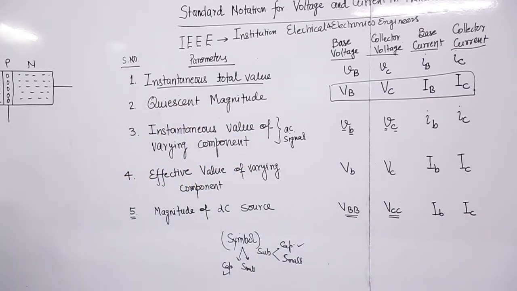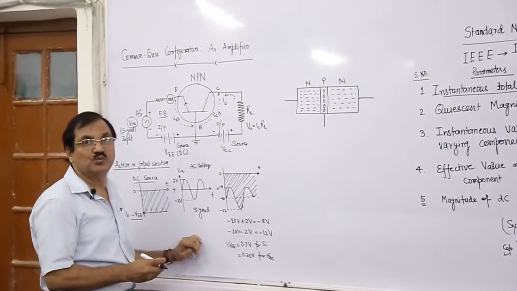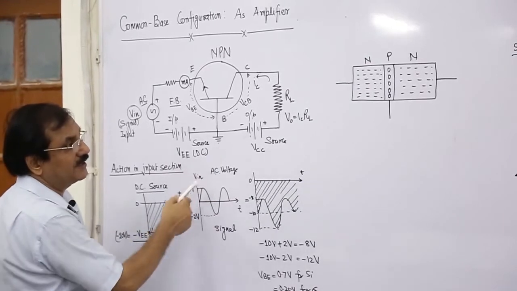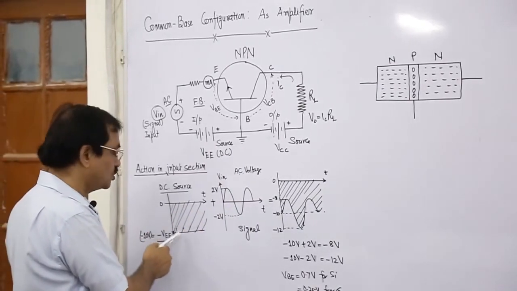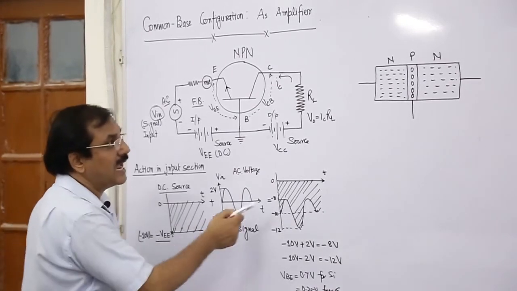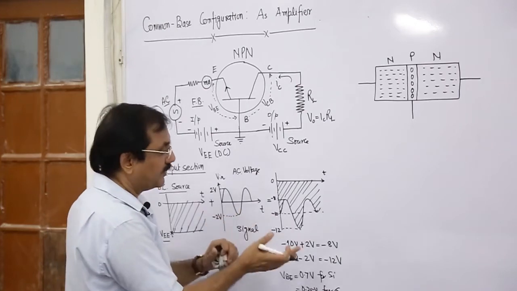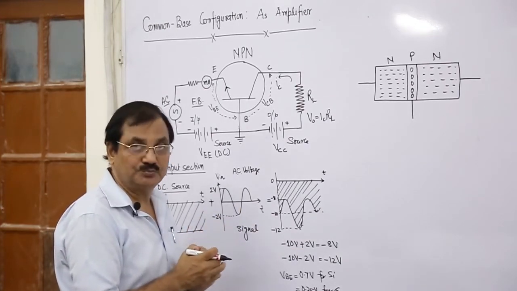So these are the symbols and what they mean. The third point is the varying component, the fifth point is the source, and this one is the instantaneous value, the superposition of input and output.